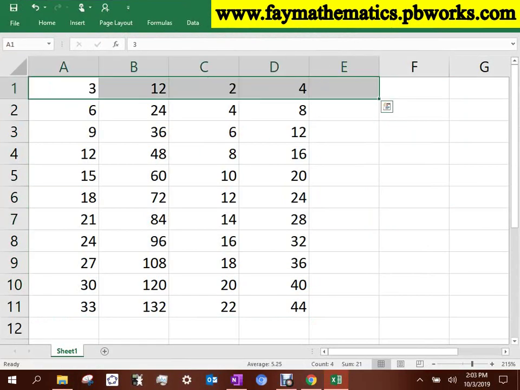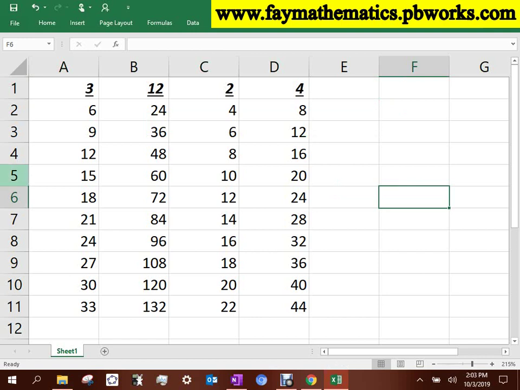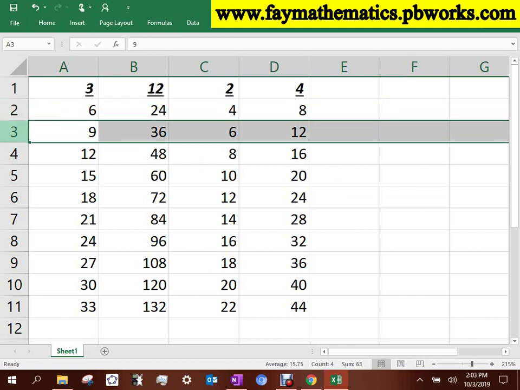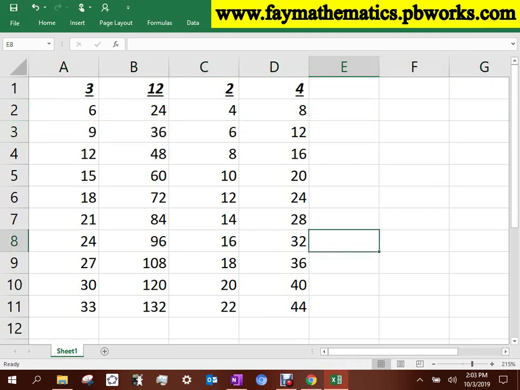All right, so these here were our denominators, right? If I take those denominators and multiply them all by 2, I get that row of numbers, right? Take those denominators and multiply them by 3, I get that row of numbers, right? What I'm looking for, guys, is a number in this row, maybe that one.